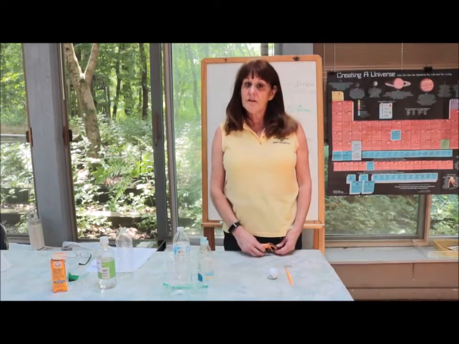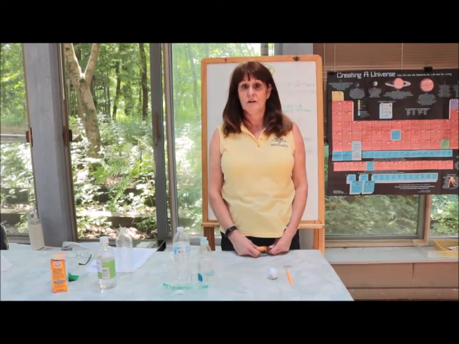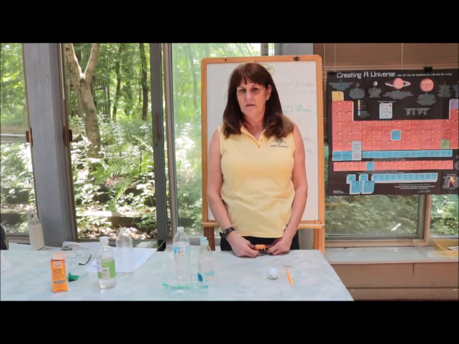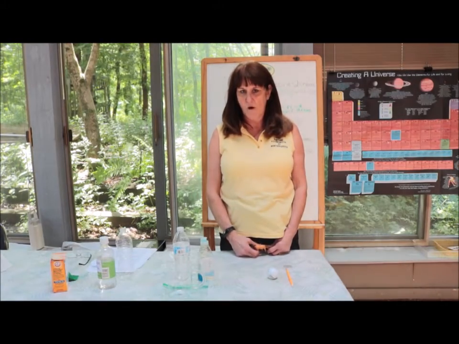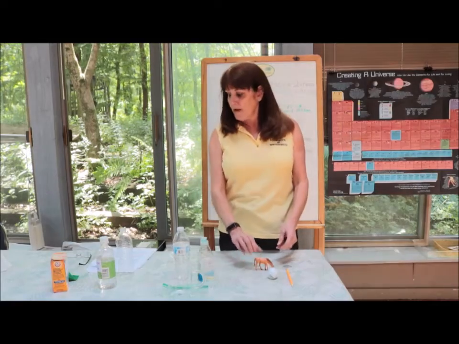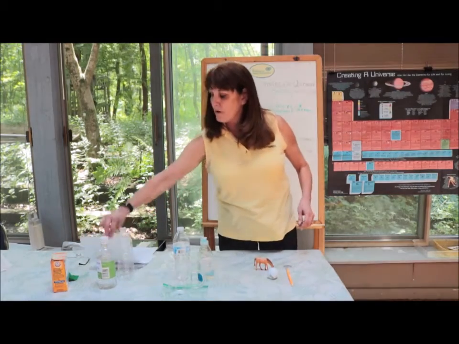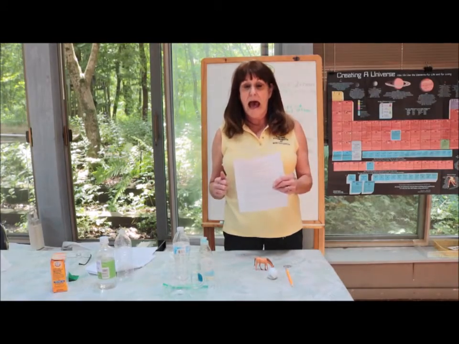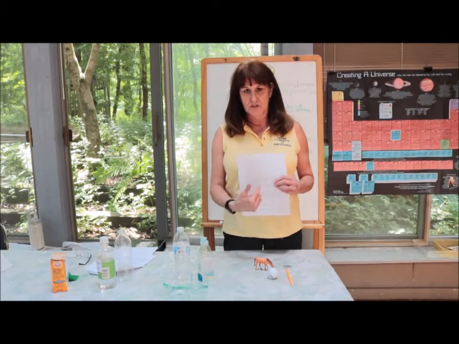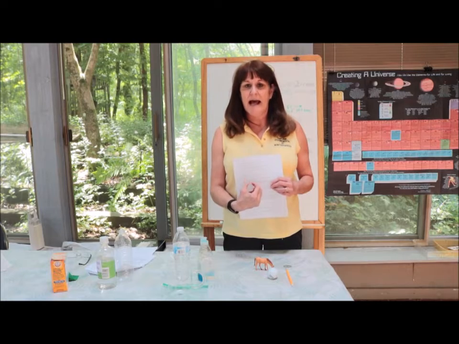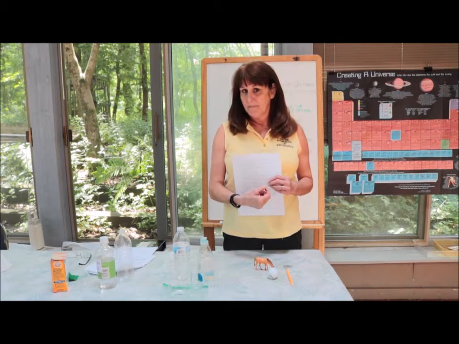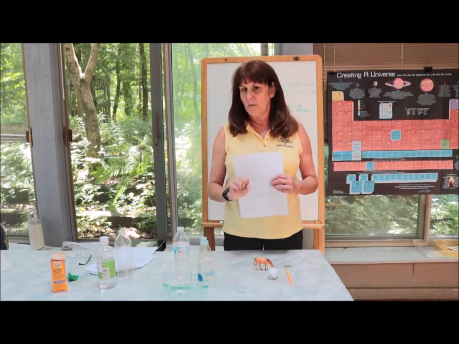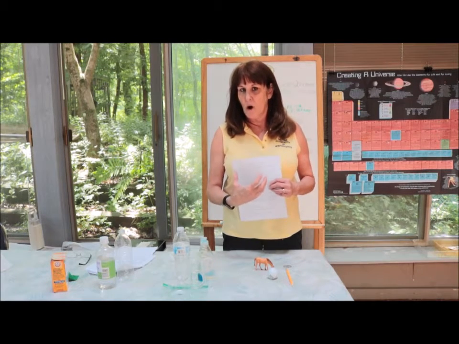Okay, so for this part, we are going to actually do some experiments. That means you're going to have to find some items around the house. I will have an experiment form for you to print out, and you read the instructions on the experiment forms and you follow them and find out what properties of matter they are.